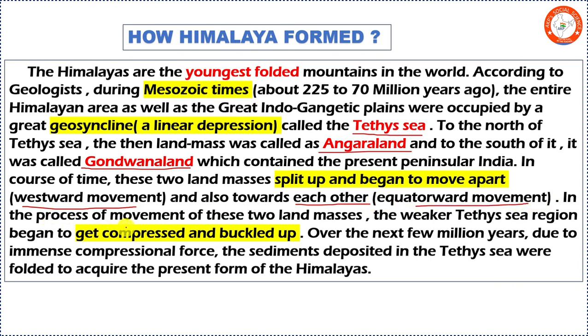In the process, the weaker Tethys Sea region began to get compressed and buckled up. Over the next few million years, due to immense compressional force, the sediments deposited in the Tethys Sea were folded to acquire the present form of the Himalayas.